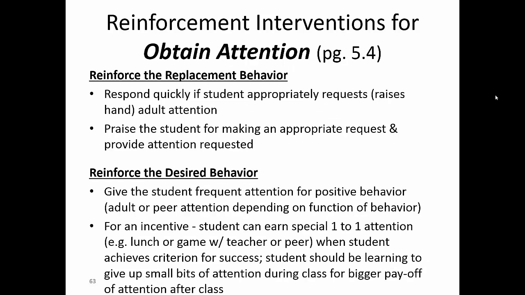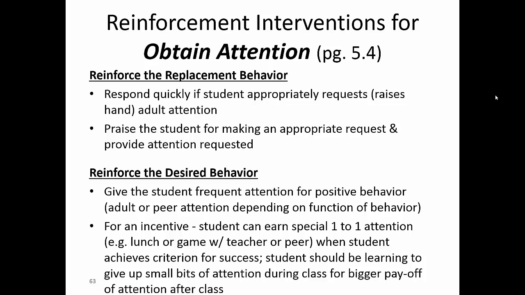On page 5.4, you'll see some recommendations around interventions for students who are working to obtain attention, and so they're having problem behaviors to obtain attention. And so we see we want to reinforce the replacement behavior by, of course, responding quickly for the student's request for our attention or for their peers' attention, and praise the student for making appropriate requests and provide attention that's requested.